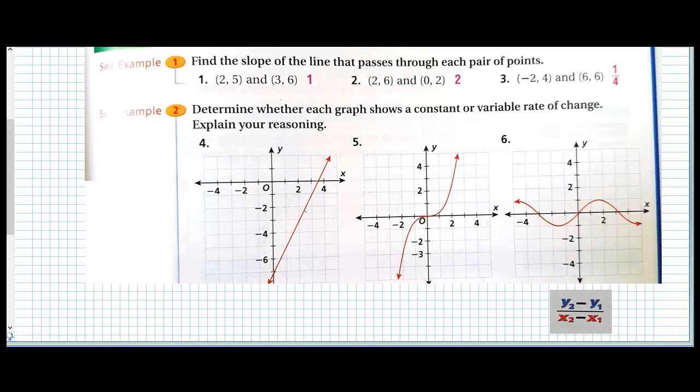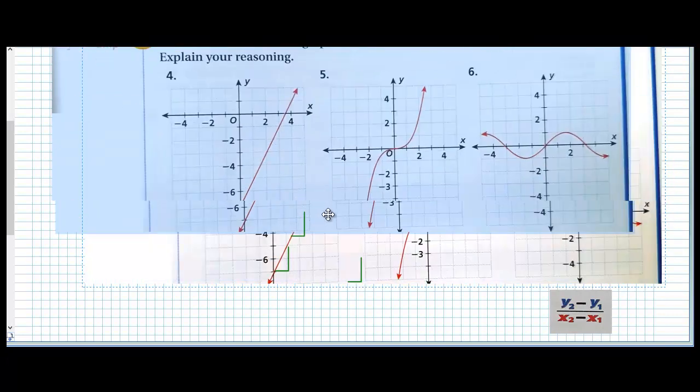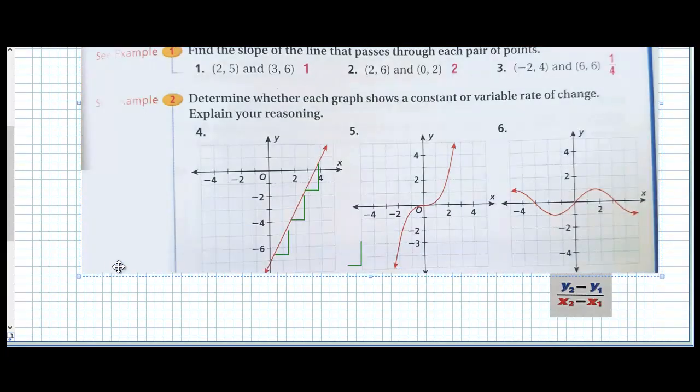If I draw a triangle here and find the slope in any part of the line, it will be the same. See this triangle, if I put it anywhere on the line, it will be the same, no change. So here we have a constant slope or constant rate of change. So our rate of change is constant on all the line.